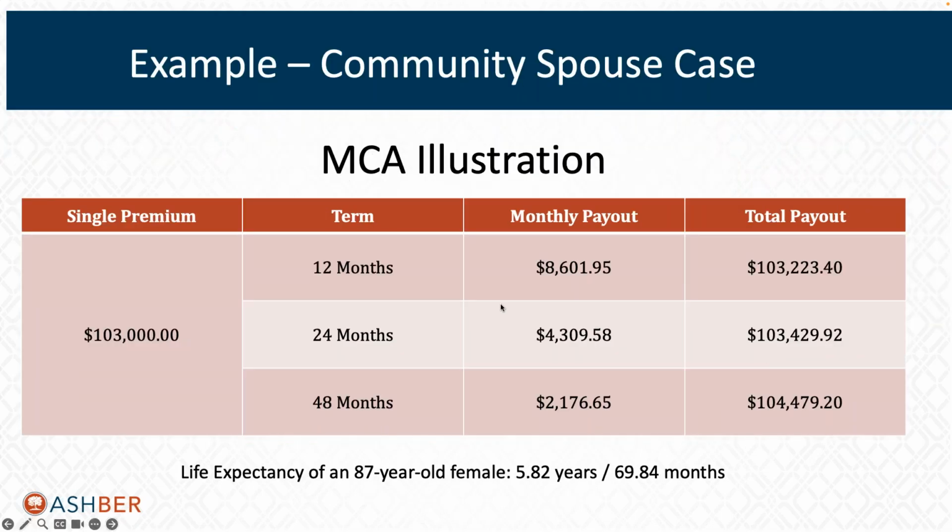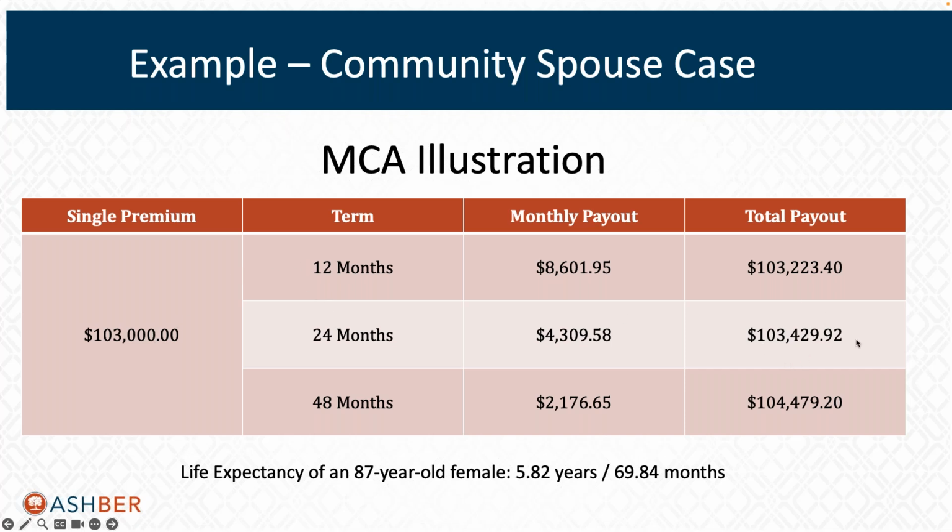All right, so here's the illustration. And here's the main annuity difference between a gifting plan and a community spouse plan: the community spouse has options for their term length. In a single person case, the applicant is restricted to using the term that is relatively equal to the penalty period. In this scenario, the term can be more subjective and can depend. So I ran 3 different quotes here, verified that all 3 of these payouts are greater than the premium.